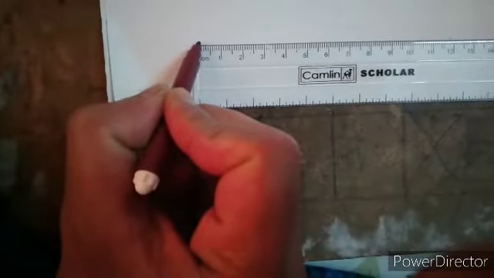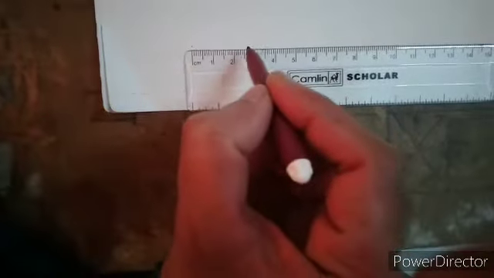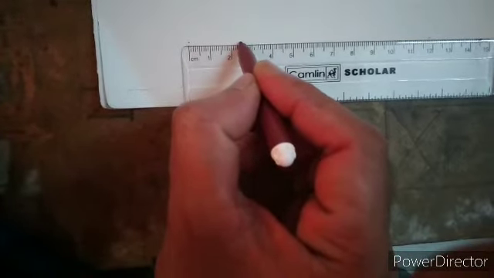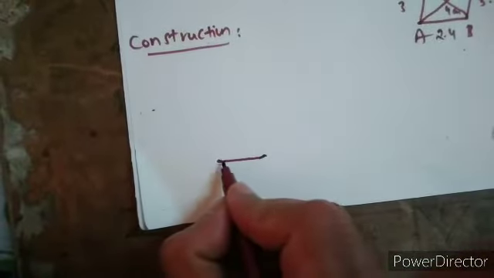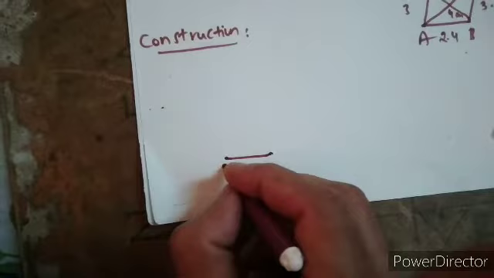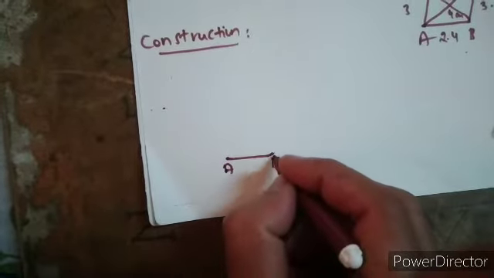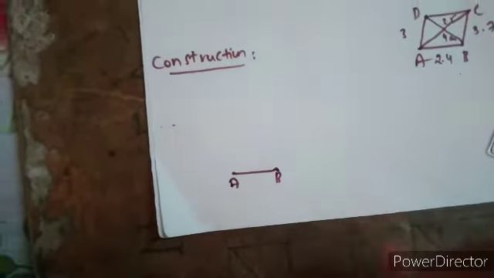You can see this is the starting point, and this is 2.4. So you have to join these two. So this is A, B.